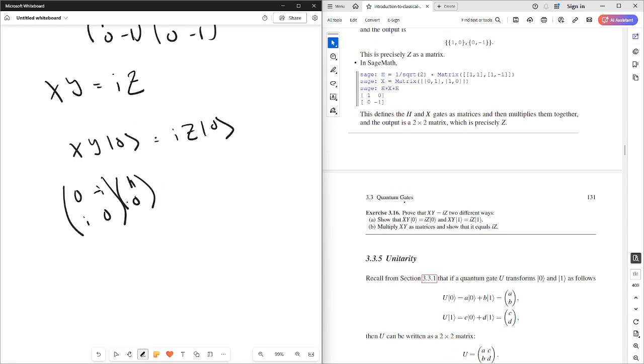So we've got our transformation here, and then if we're applying Z to 0, well, we know that it's 1, 0, 0, negative 1 applied to this 1, 0. I'll work out the right side first. So we wind up with 0 times 1, 0 times 1 plus negative 1 times 0.